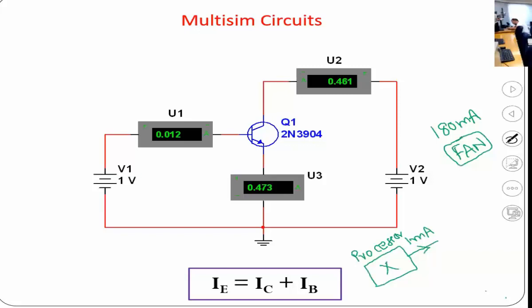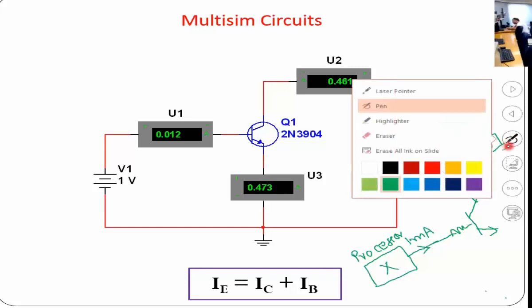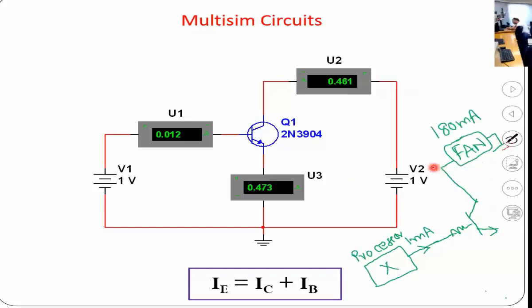So what I can do is, I take this processor, send it to maybe a resistor if I need one, and I put it to the base of a transistor, whereas this fan is going to be on the collector with its own supply, and you're going to come back, basically meet on the emitter. This is the application perspective where you will see something like this.